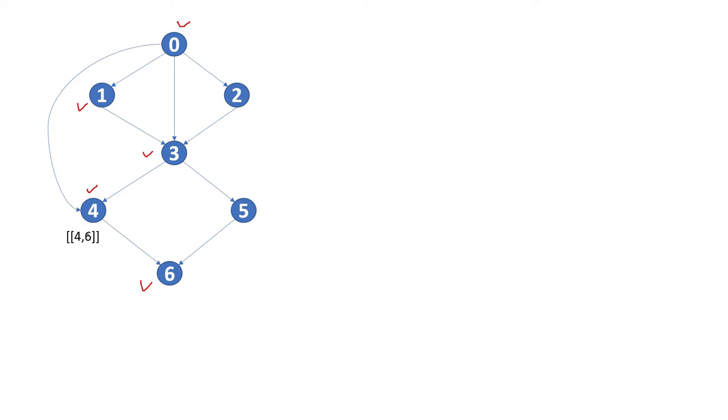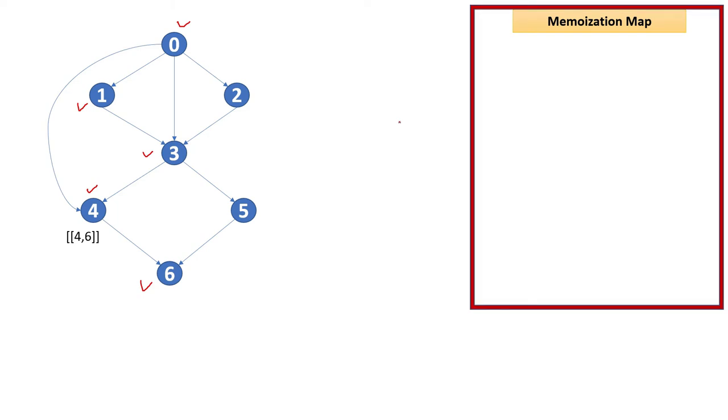As we know this result, can we make use of this if we come back here? Yes. When from 0 we reach 4, that time no need to calculate this part again, right? So we can take help of this part. So we can store it in some memoization map. Here I will store the result for 4 as a key and the path as the value.